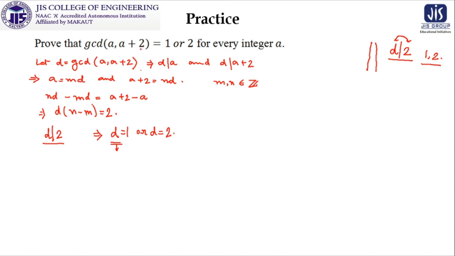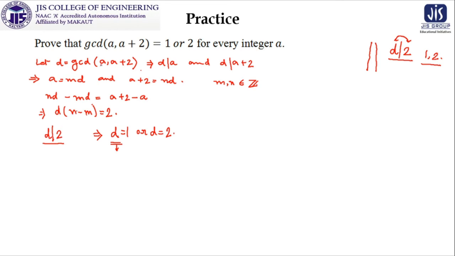Now if there are different integers, then N is greater than M, and this is going to be one integer and D is another integer, which is obviously our assumed GCD, which under multiplication gives you 2. So D obviously divides 2. Clear?